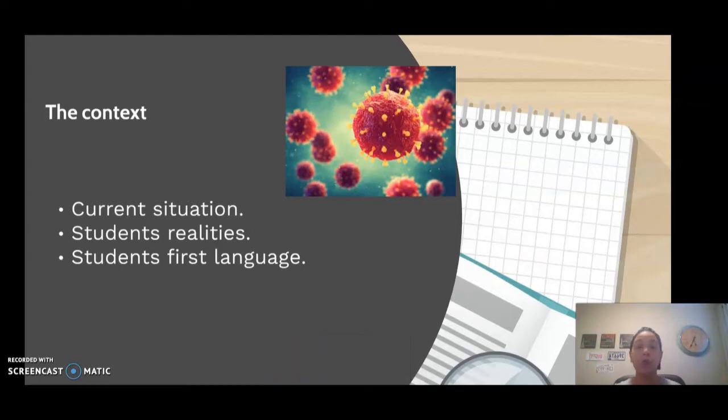Also, we need to know what our students' realities are, right? And also their first language, because the way they learn their first language is different to the way they learned English as a second language.